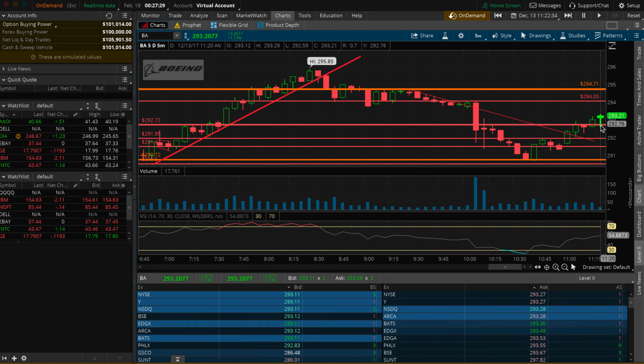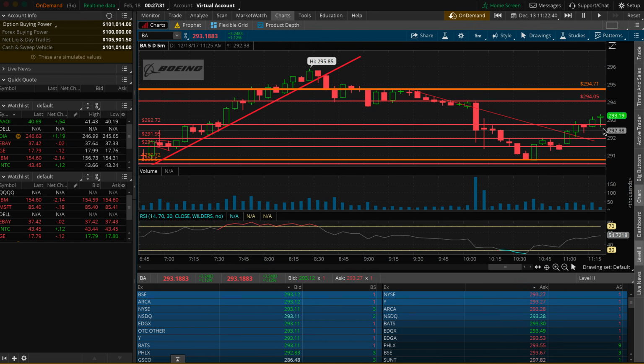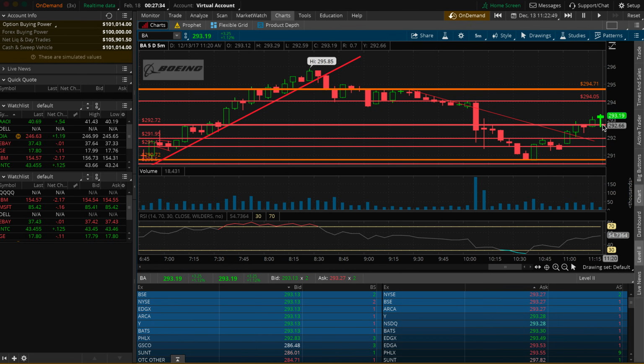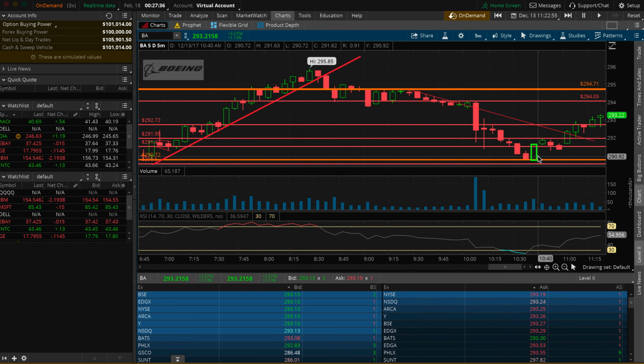That's a good candle if it closes like that. That's a good candle in a bullish manner in this uptrend.